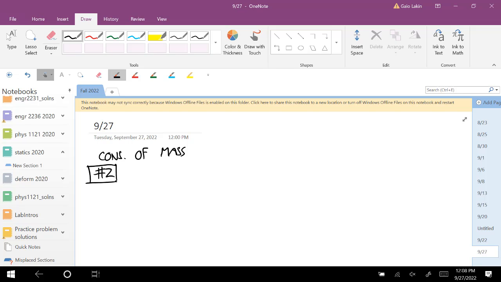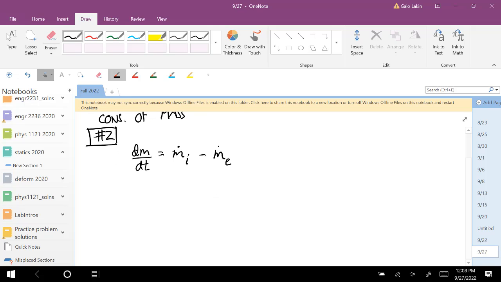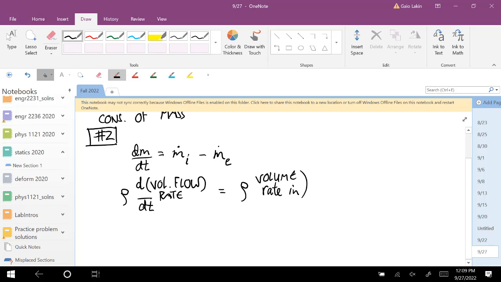Okay, so it's in gallons. I am going to convert gallons to cubic meters, but notice that dm/dt is equal to m dot in minus m dot exit, and you can write that as density times d(volume)/dt equal to density times the volume rate in minus density times the volume rate out.